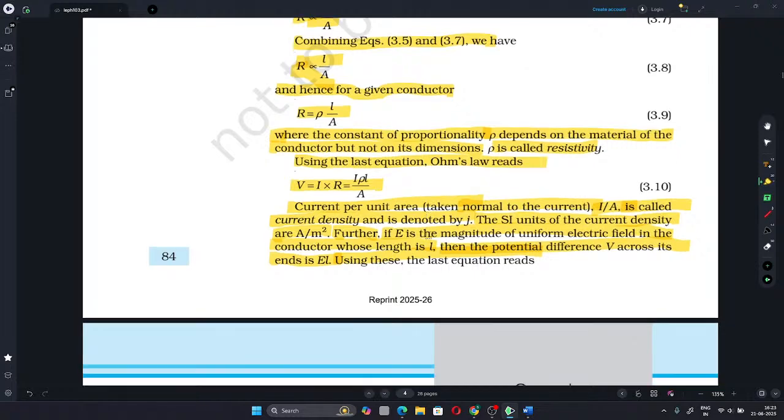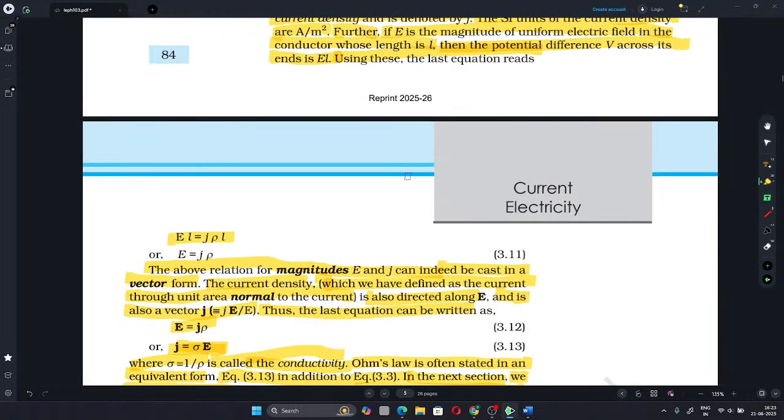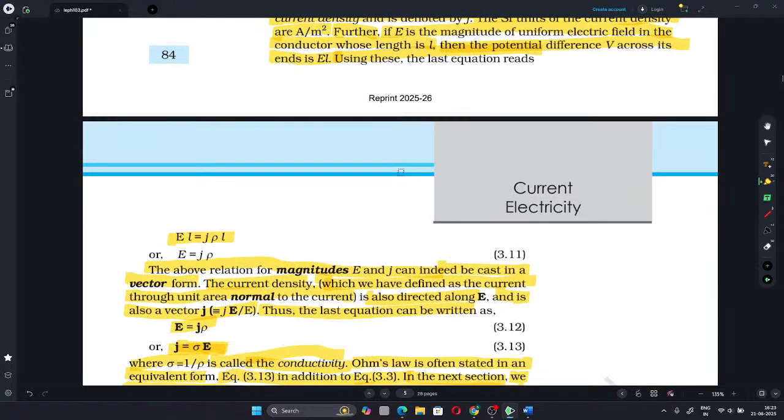Further, if E is the magnitude of the uniform electric field in the conductor whose length is L, then the potential difference across its ends is EL. Using this last equation, we get EL equals J rho L, which we got from V equals I by A times rho L, V equals IR.